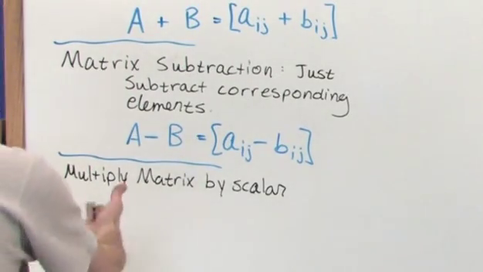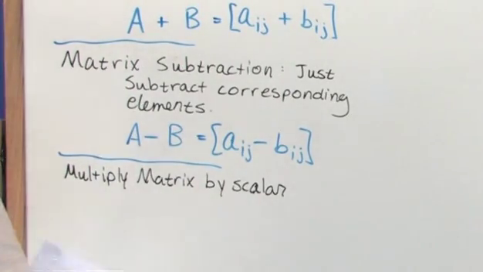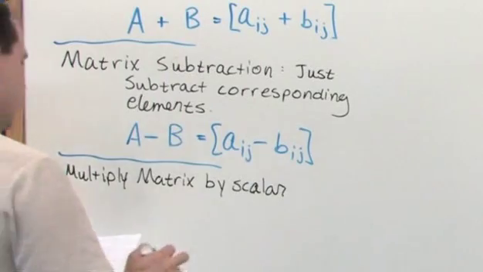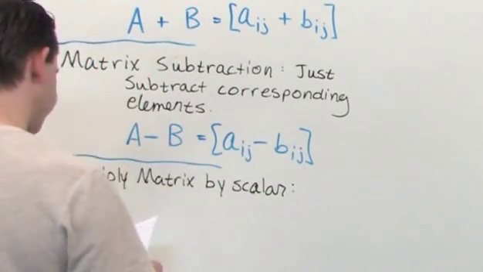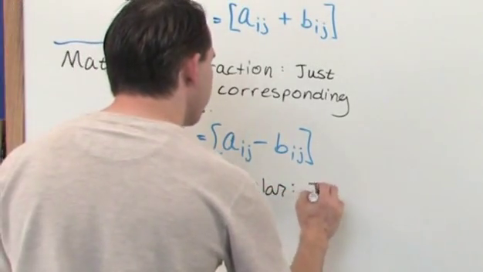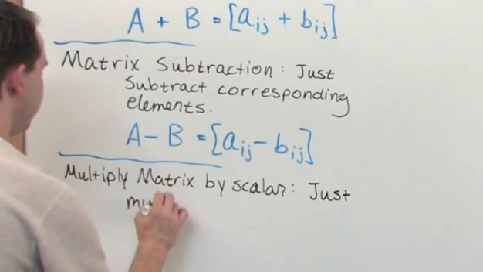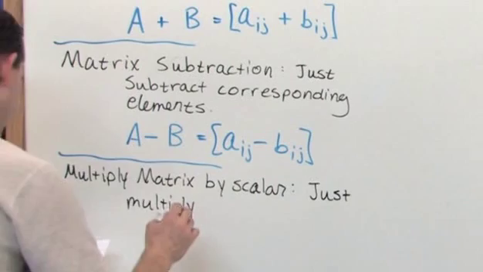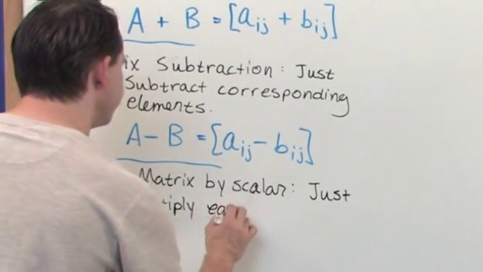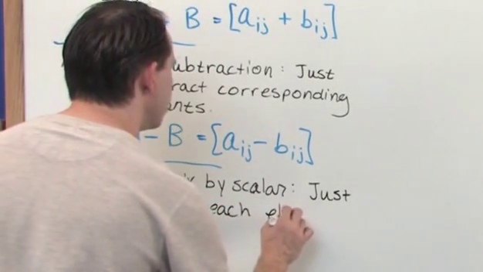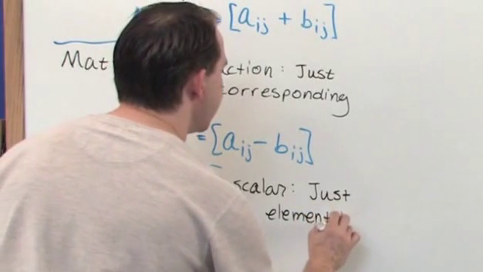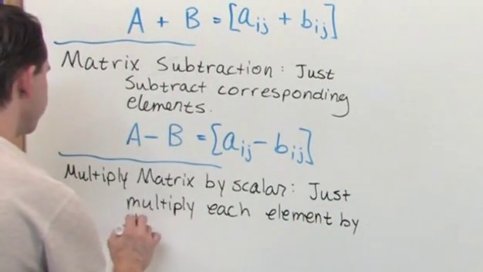Multiply by 1, or multiply a matrix by 2, or multiply it by 5, or whatever. Okay? All you do, in layman's terms, is multiply each element by the scalar.